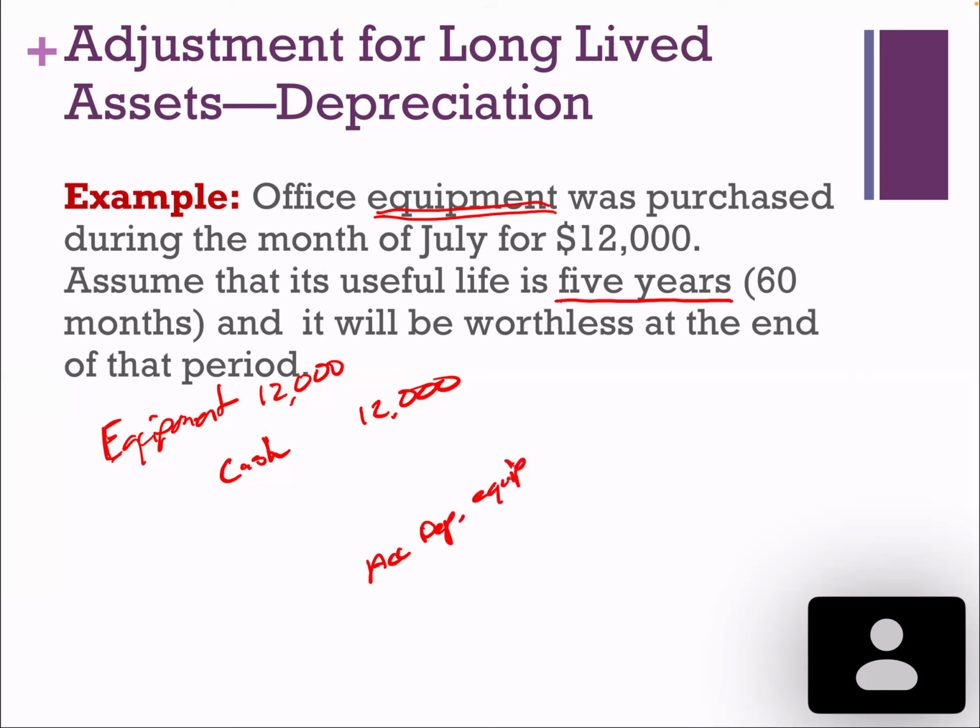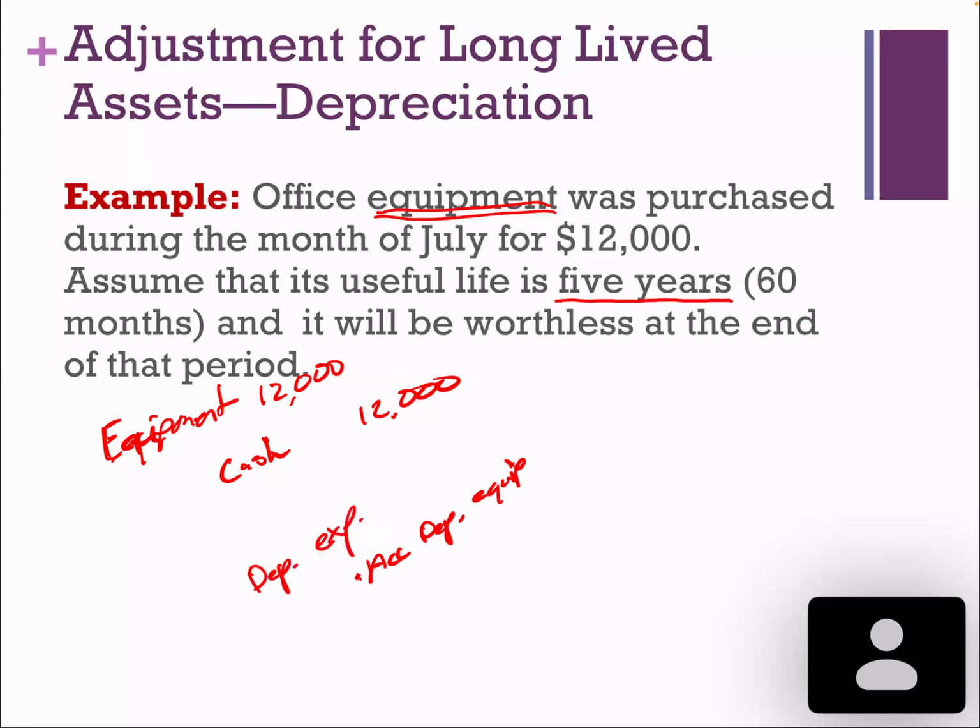The reason we use accumulated depreciation instead of just crediting the equipment account is because we want to maintain the equipment account so we can see how much we paid for the equipment. So credit accumulated depreciation, equipment. All this credit account does is reduce the equipment account. And then debit depreciation expense.